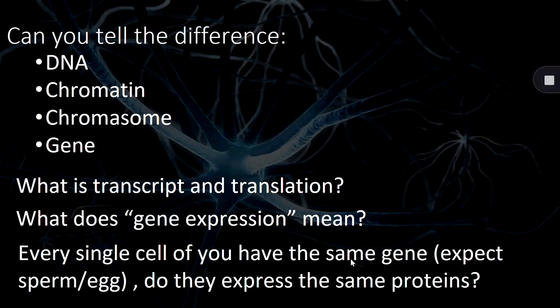They have the same DNA, the same genetic materials, except the sperm and eggs. The question is, do they express the same protein? The answer is obviously no, because if they did, then you would become a chunk of meat. But how does the cell with exactly the same genetic materials express different proteins? We're going to talk about that later in this lecture.